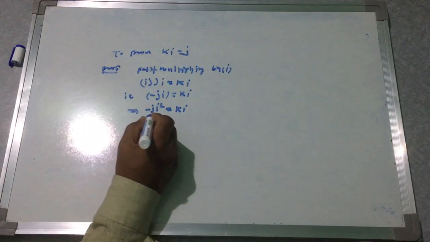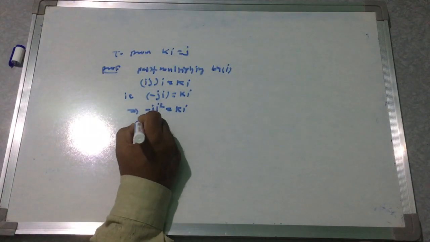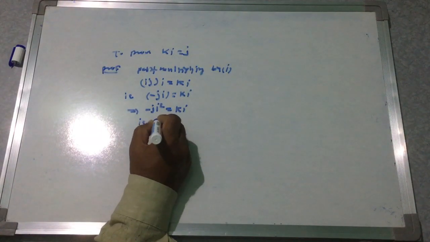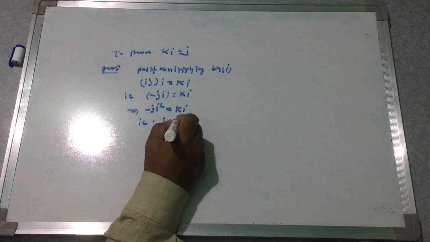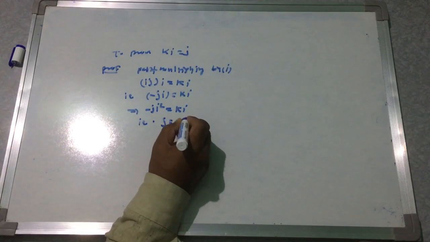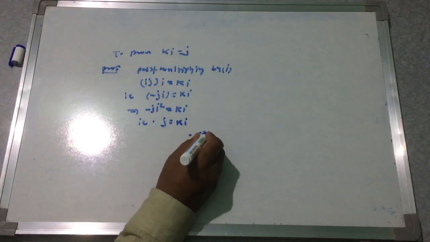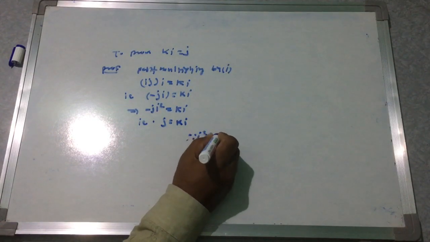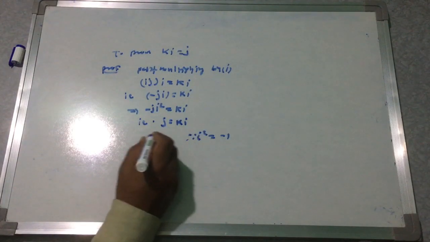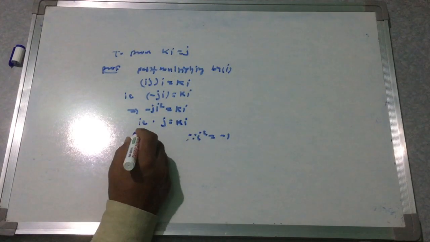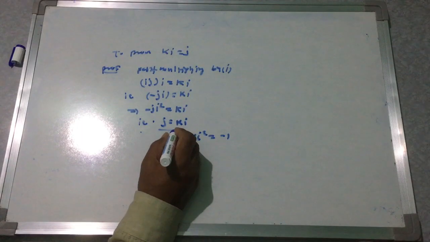Hence we have I square is equal to minus 1, so J is equal to KI.